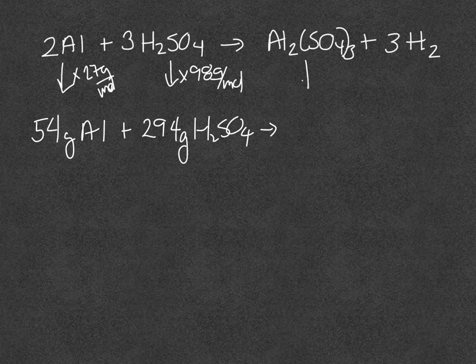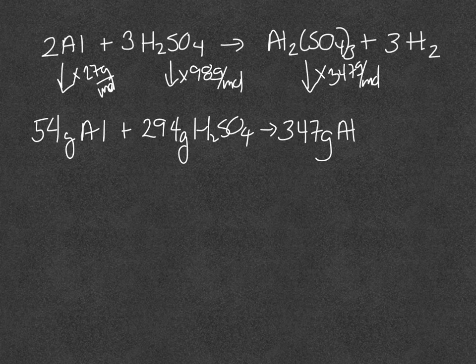And then I'm going to multiply this aluminum sulfate by 347 grams per mole, because 1 mole of aluminum sulfate weighs 347 grams. That's the whole point of a molar mass, right? So we have 347 grams of aluminum sulfate.